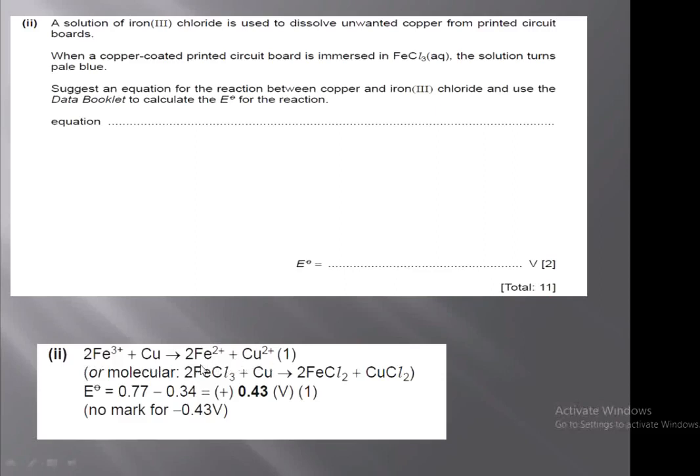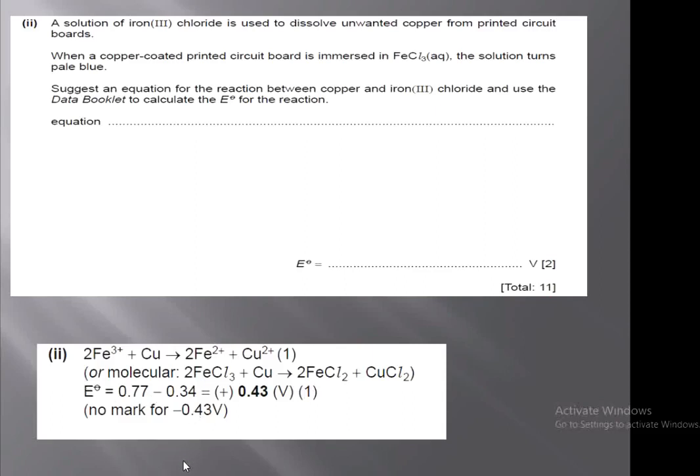This is a set of equations that is formed with the help of two equations from the data booklet by using the equations of the reduction potential of iron 3 positive to iron 2 positive and copper 0 to copper 2 positive. A net equation then would be formed by the equivalence of the electrons, and the electrons are cancelled out to get the equation that is written as an answer for this part.